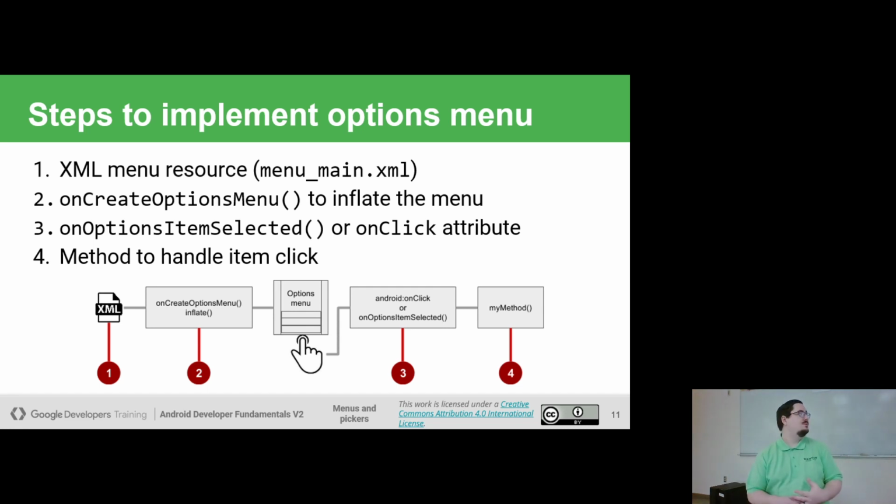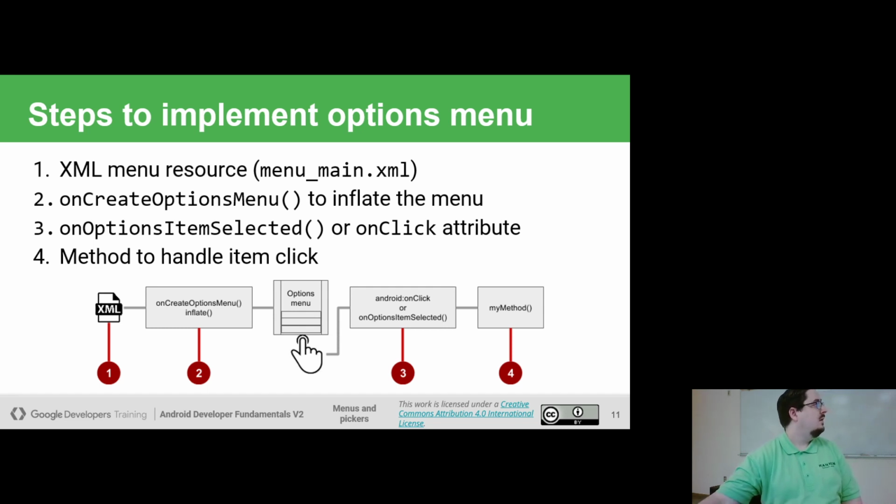Okay, once we've done that, the next thing we have to do is implement onCreateOptionsMenu to inflate the menu, which is going to say, I want to specify which menu resource to use and turn that into an actual menu view. Turn it into the actual GUI, the UI controls, is what that does.